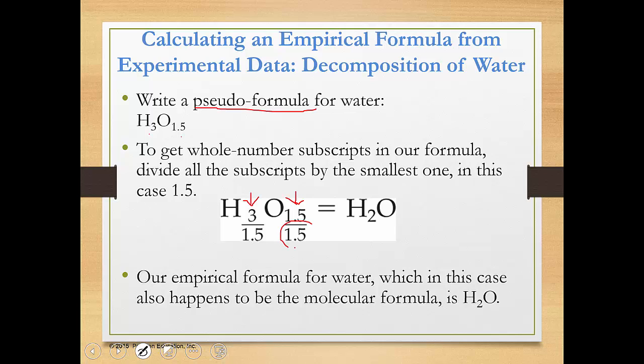If I divide 1.5 by itself, that's going to give me 1. But if I do it here, I have to do it over here as well, so I divide this one by 1.5. 3 divided by 1.5 gives me 2. So hopefully, when I get my empirical data, as I start dividing that out, I get to my simple whole number ratio. So I plug the numbers into my formula, and I find that my formula is H2O.